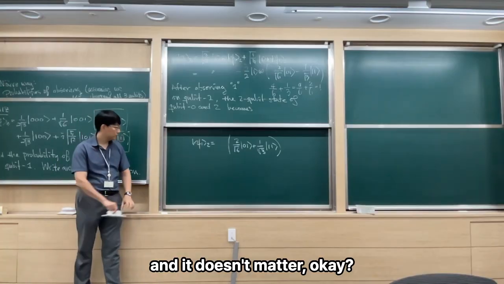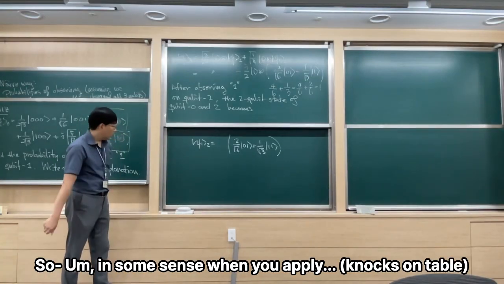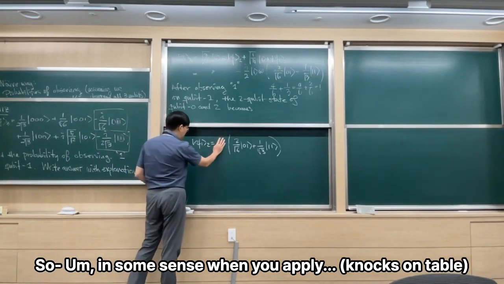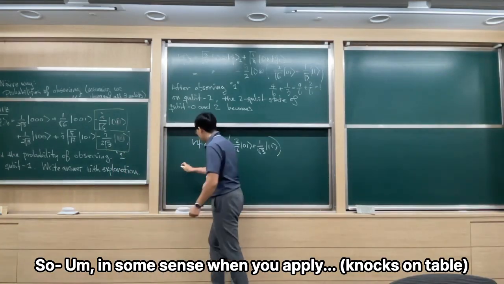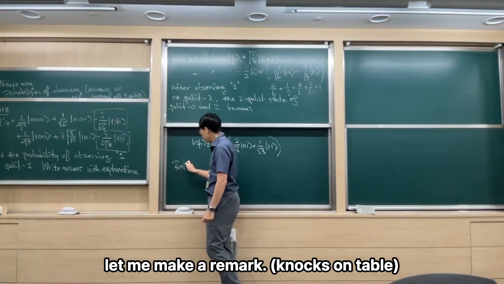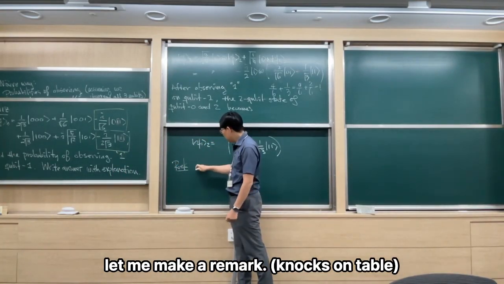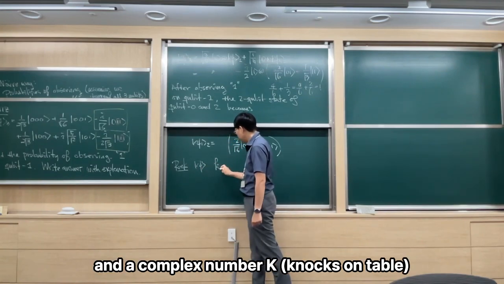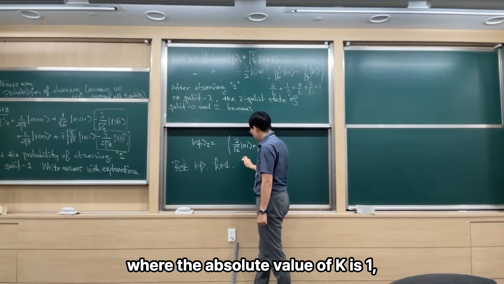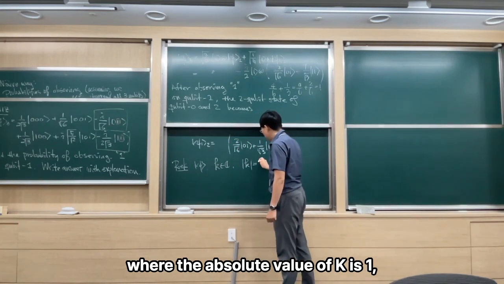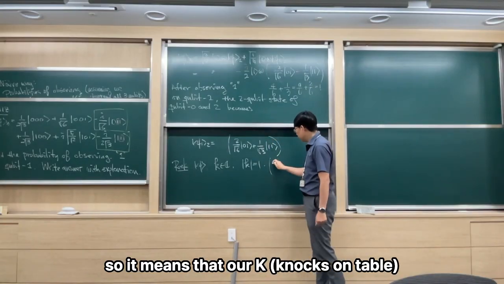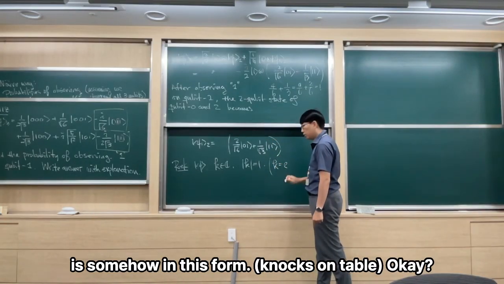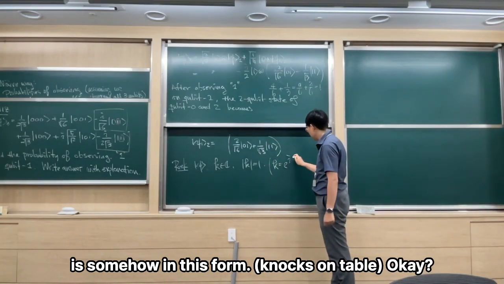Okay. So in some sense, let me make a remark. If you have a quantum state and a complex number k, where the absolute value of k is 1, it means that k is in this form.